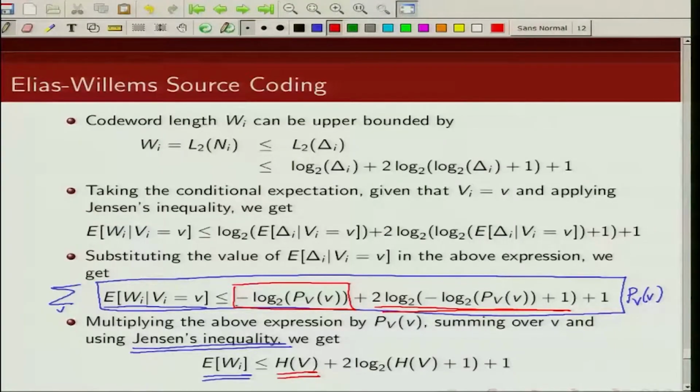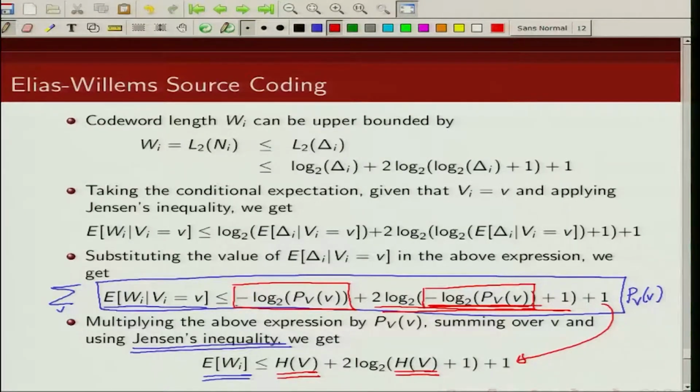So by invoking Jensen's inequality, I can write this as 2 log of, I multiply this by P of V and sum over P of V. This particular term will become uncertainty in V. This comes as it is and this one comes here.